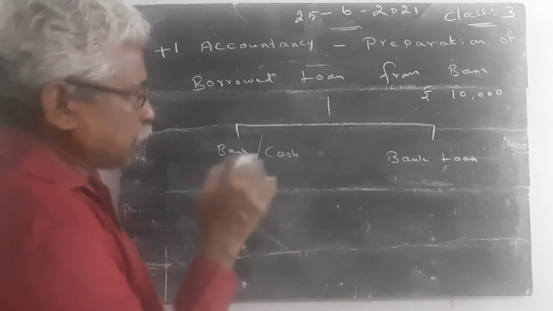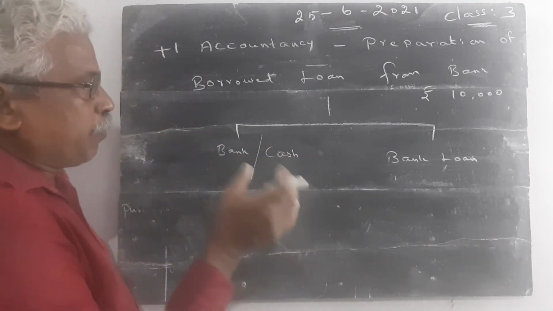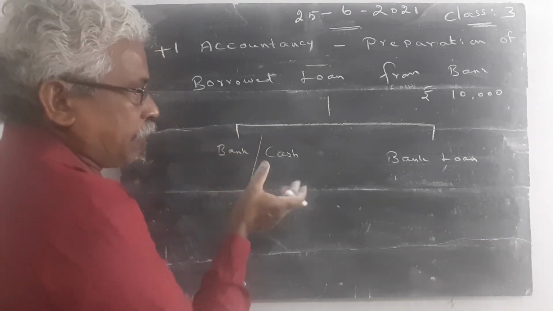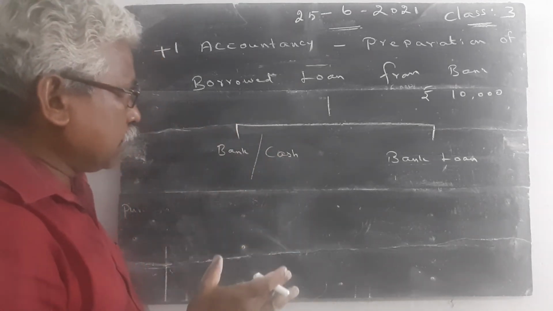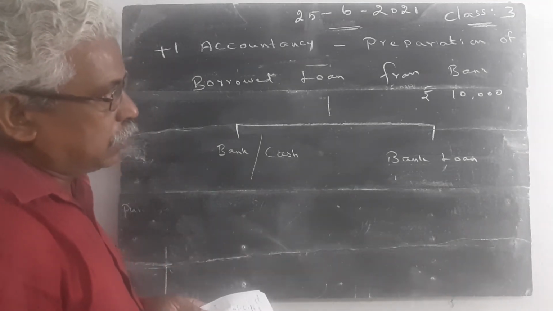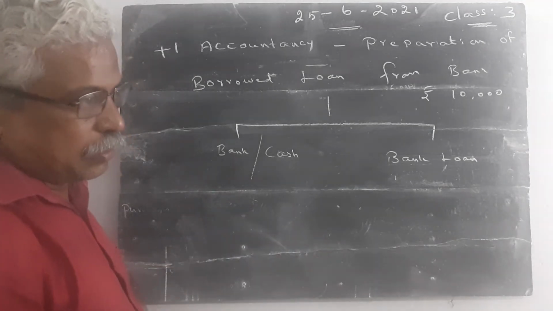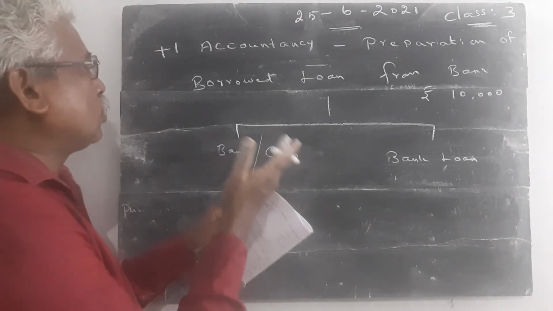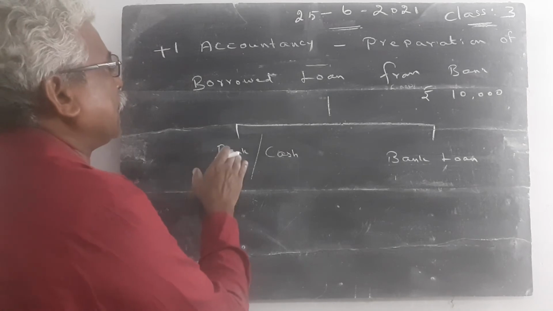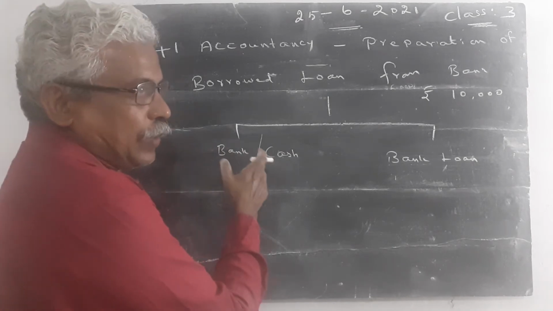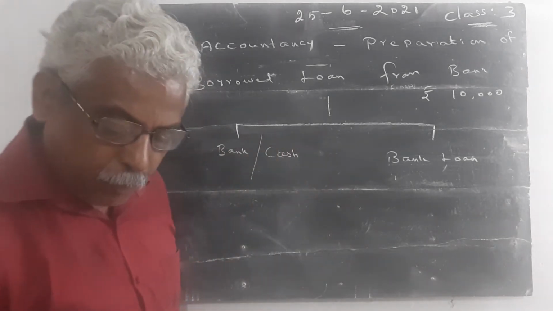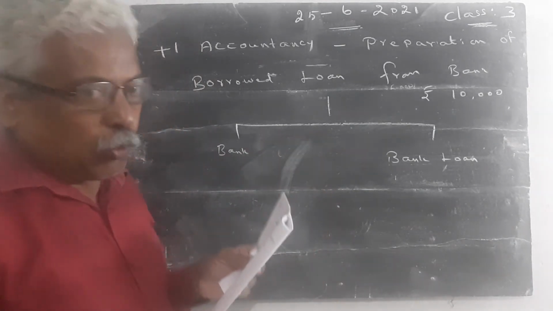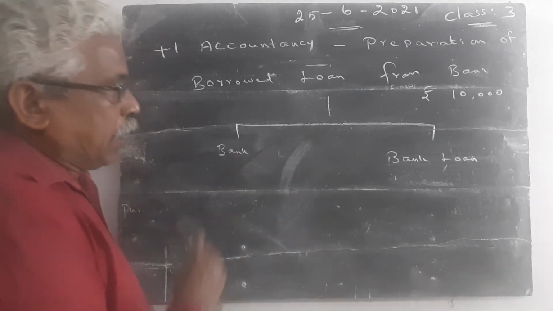But our assumption is we borrowed a loan from the bank, and the bank deposited the amount into our bank account. So here I use the word bank. If you write cash, it is also correct.